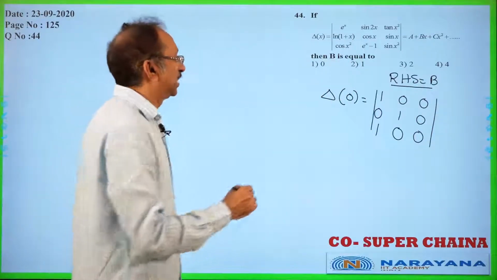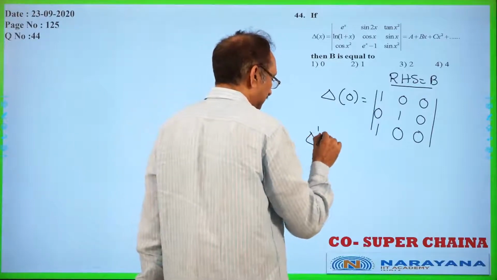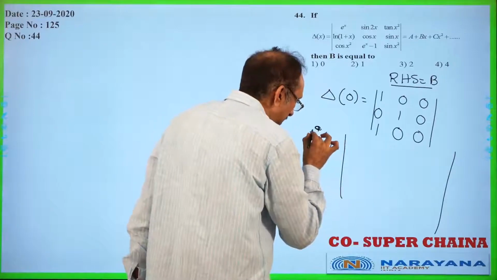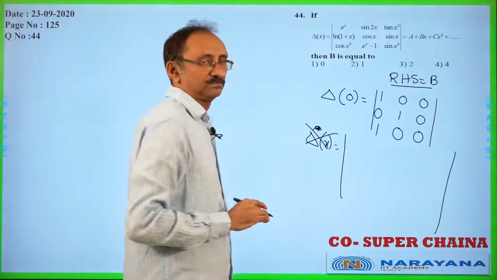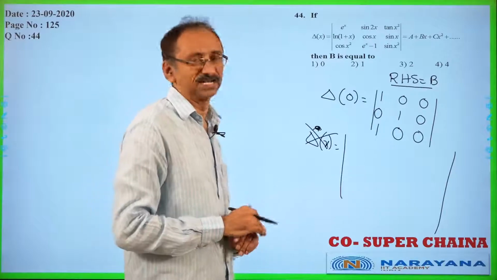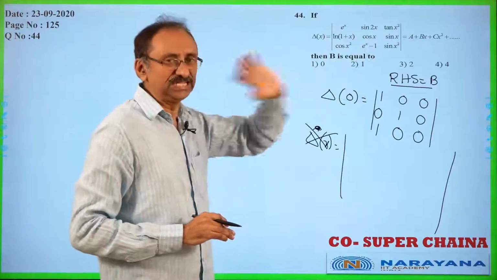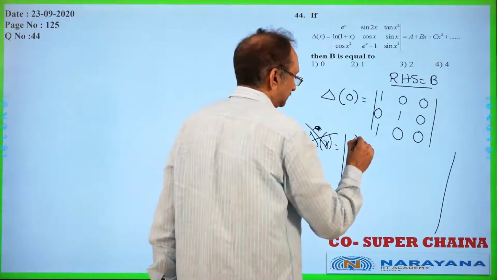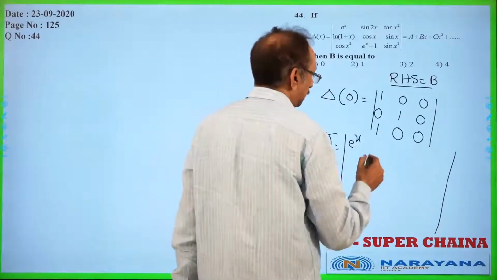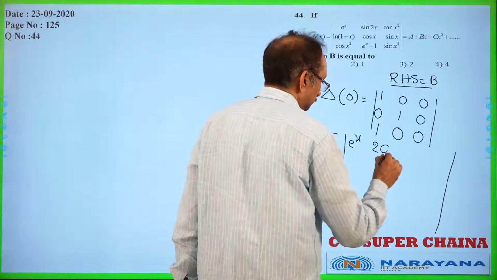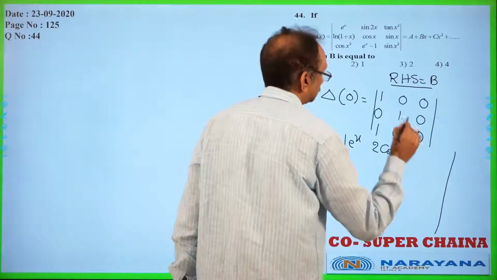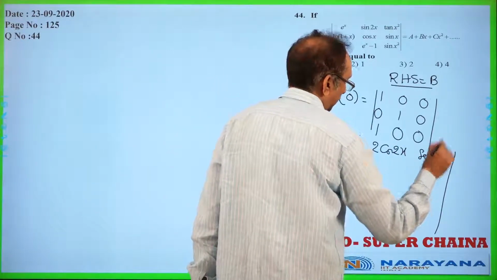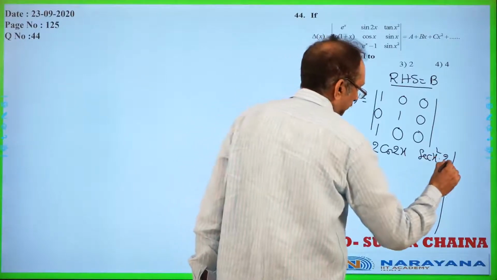Okay. And what are the derivatives of all those expressions? See, this is not delta dash x. Don't think that this is delta dash x. I am just differentiating each and every term and writing it there. That is e power x. Derivative of sin 2x: 2 cos 2x. Derivative of tan x is secant x square, and by chain rule, 2x.